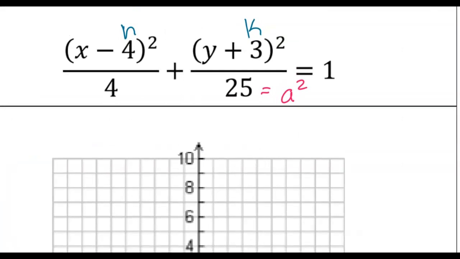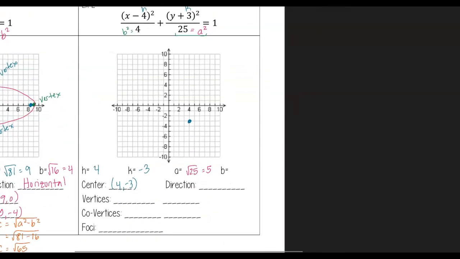The first one. Yes, because if this side is our A, that means that this denominator has to be determined by our B. So then we just square root 4, and you're right, we get 2. Good.